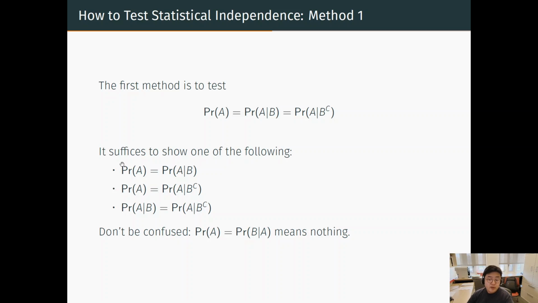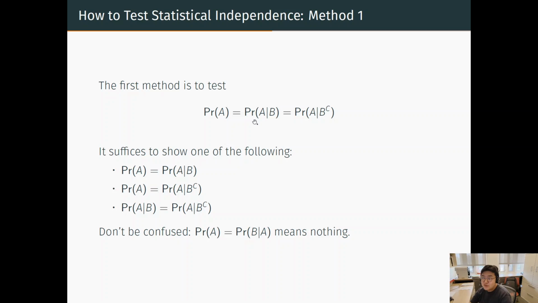What should I show? It's up to you. Just find two probabilities that are easiest to calculate. Depending on what kind of information you have, one probability may be more convenient to calculate. Then use that. But you have to be careful: here A is fixed, but the condition is changing.